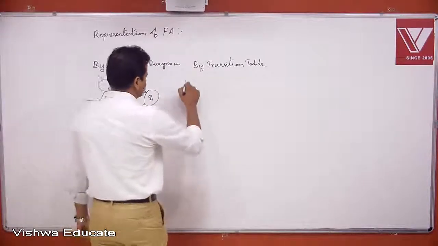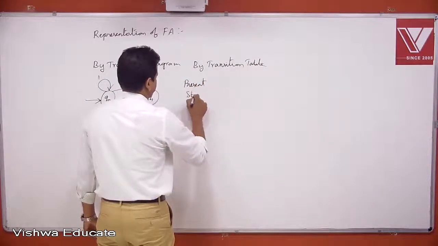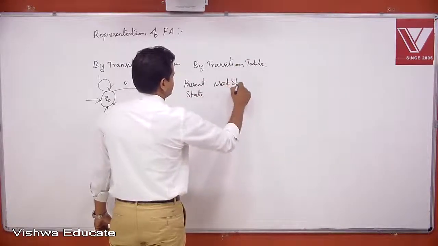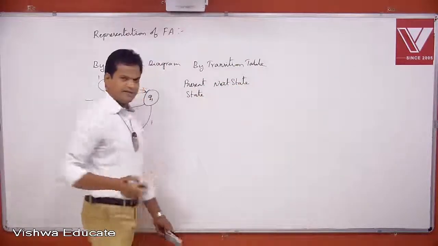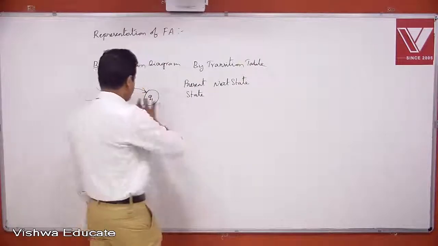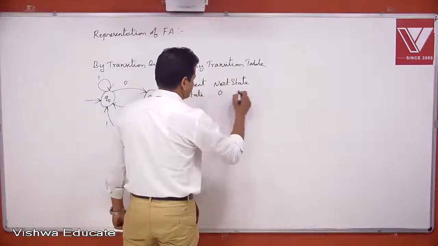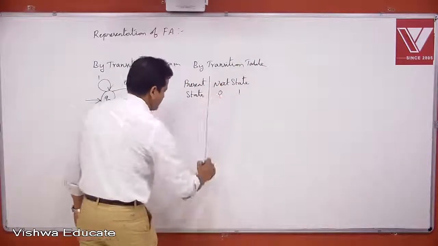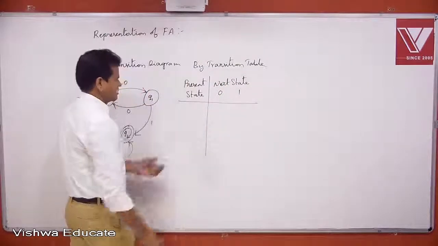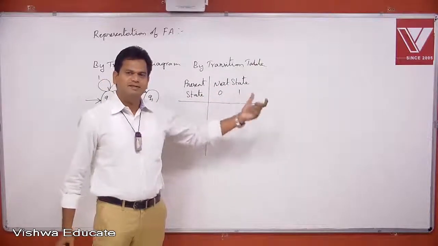In the next state, for every input symbol there is a separate column. What are the inputs here? 0 and 1. So for 0 there is a column and for 1 there is another column. So this is the structure of a table: present state and next state, with a column for every input.